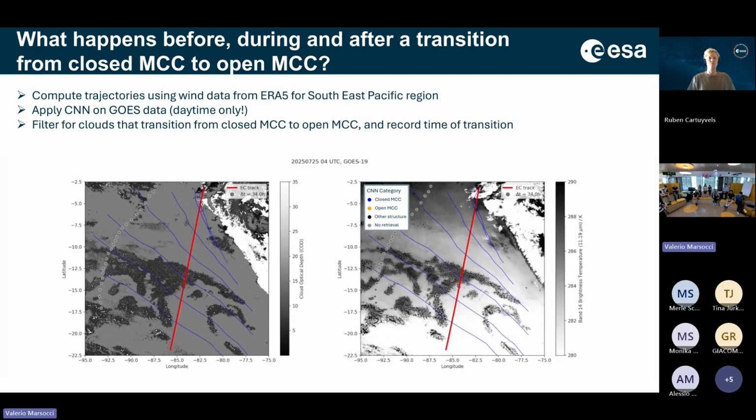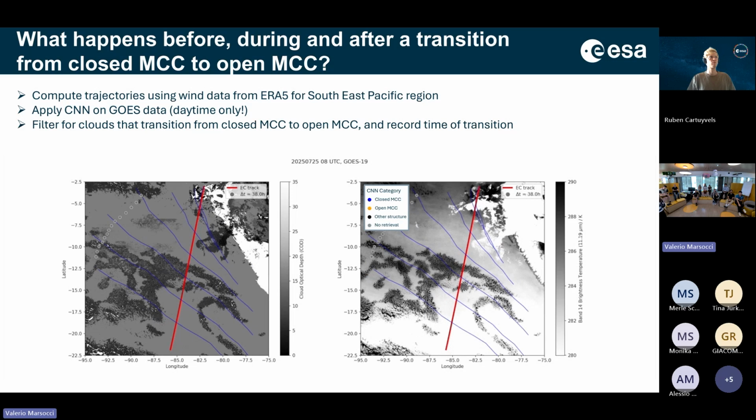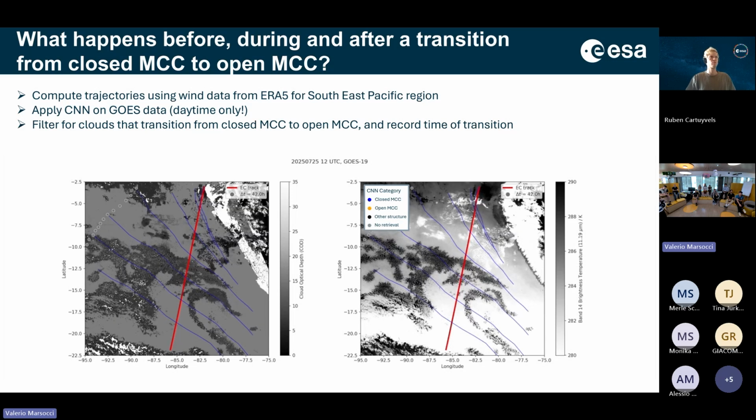Now with this time information, we can track the clouds that EarthCARE has measured backward and forward and see whether a cloud that was measured by EarthCARE shows a transition from a closed to an open cell or not. In the following, I filtered only for the clouds where we see a transition happening.